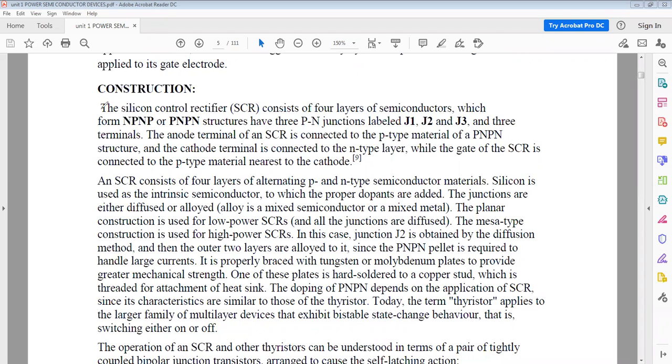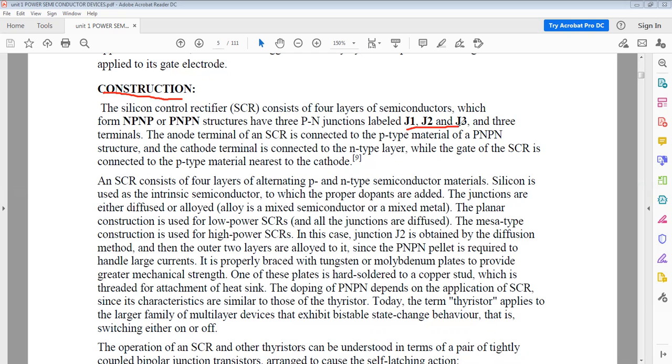Coming to the construction of SCR, what parts does it have? A silicon controlled rectifier has 4 layers, PNPN. The junctions J1, J2, J3 are the 3 junctions available for SCR. Remember that SCR is a 3 junction, 3 terminal and 4 layer device.